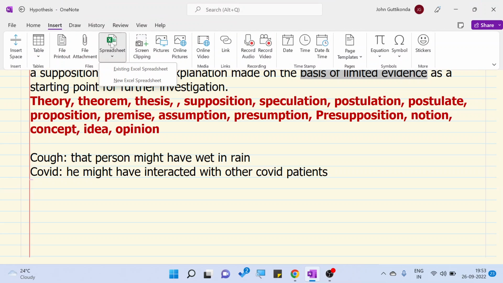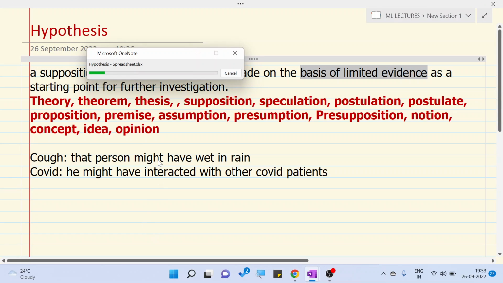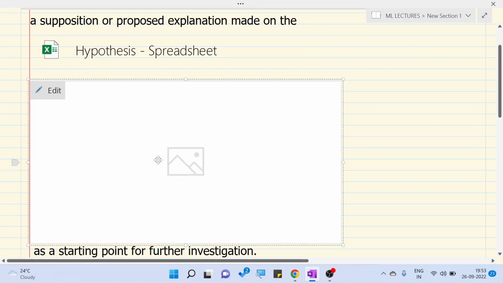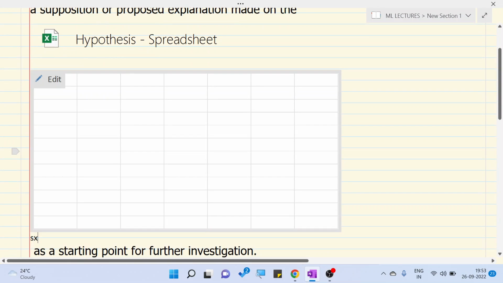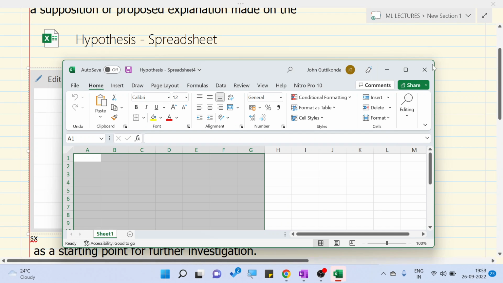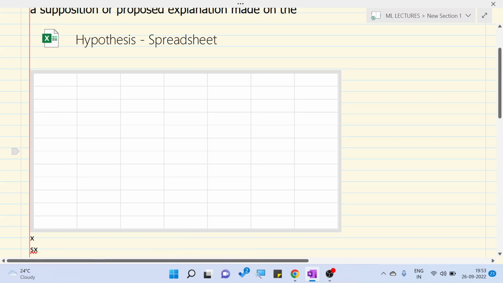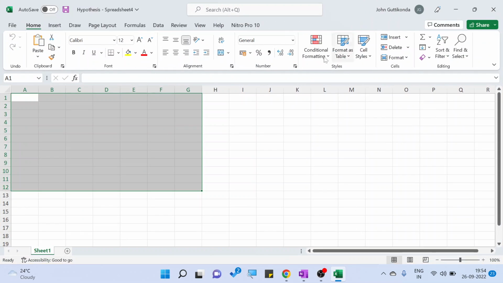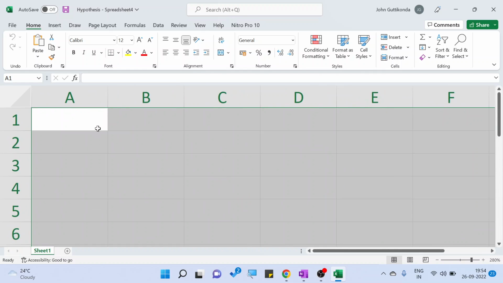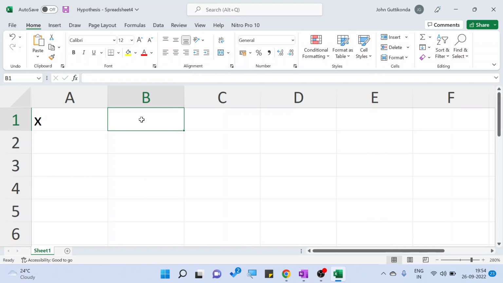Now, let us go mathematically. Let us say we have values of x and a function of x, that means y.